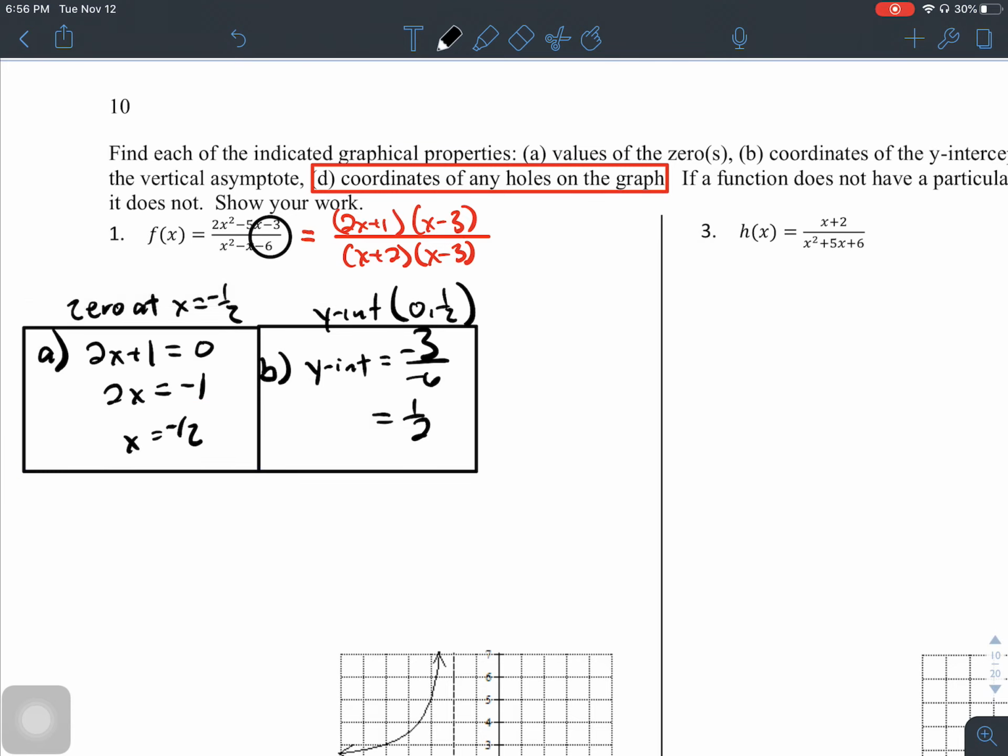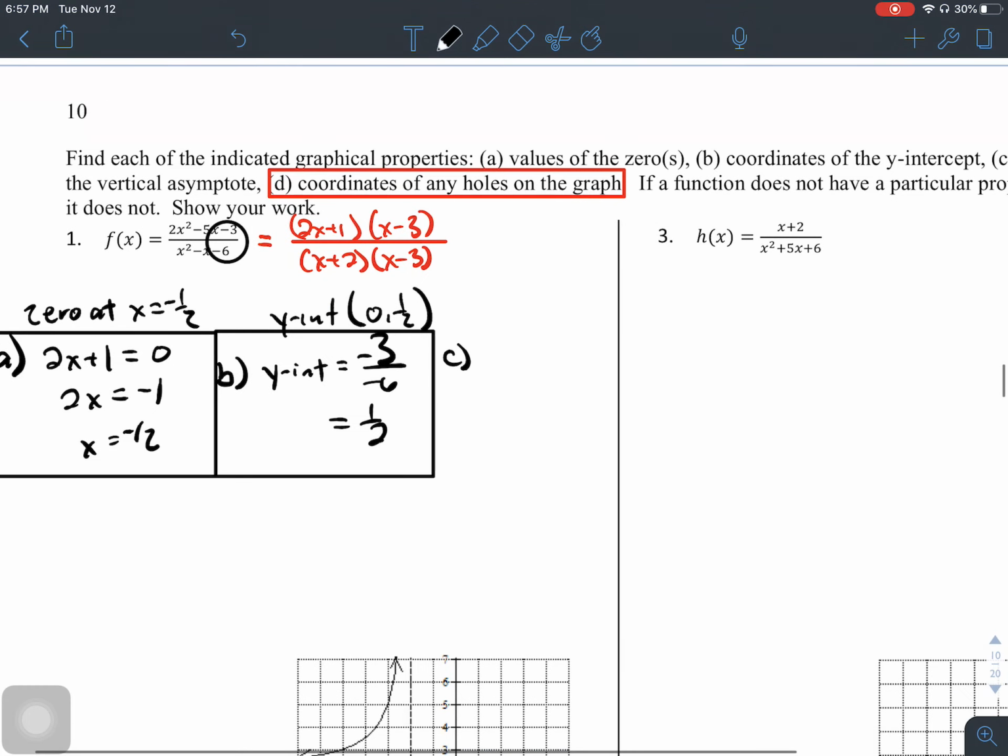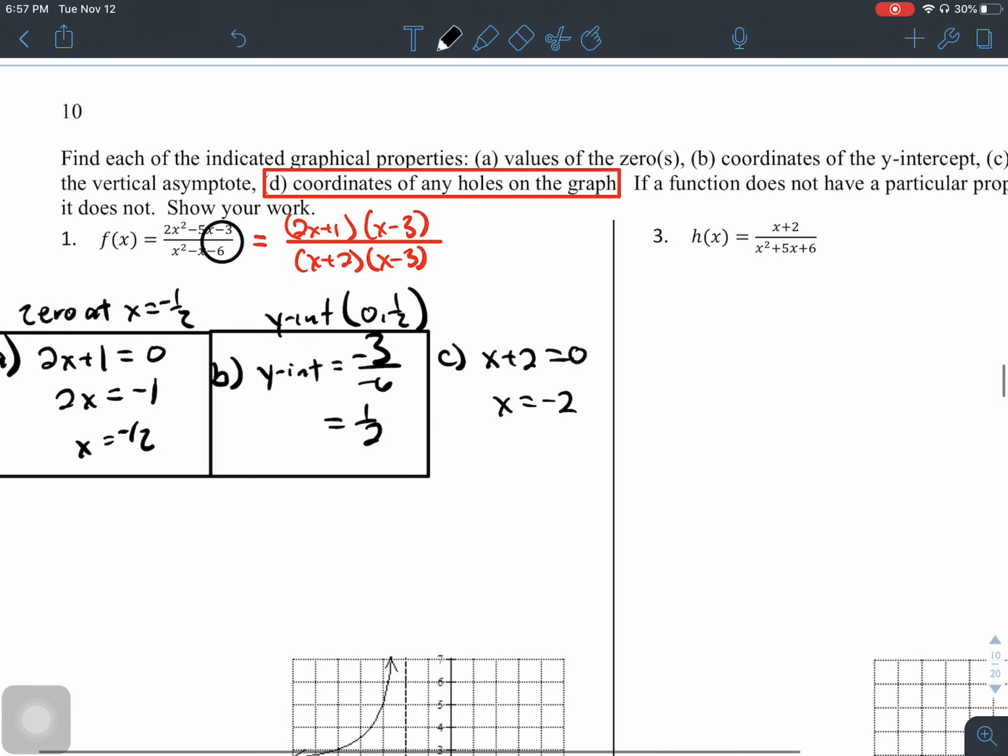Vertical asymptotes, that's part C. Vertical asymptotes happen from non-canceling factors in the denominator. So that's at negative 2. Vertical asymptote at x equals negative 2.